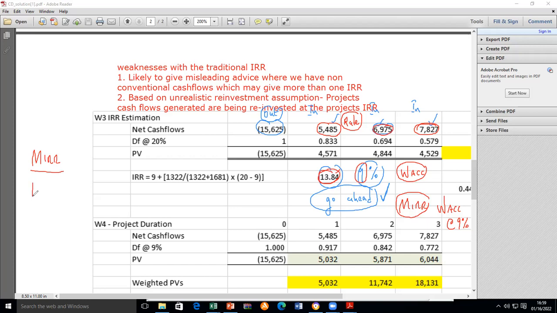So the project cash flows that we are generating every year, at the end of every year, are reinvested at the company's WACC.